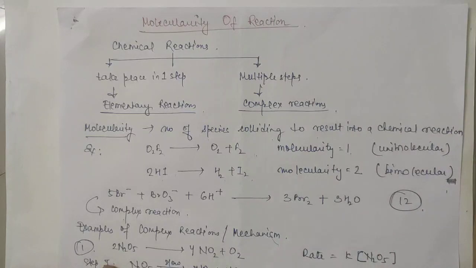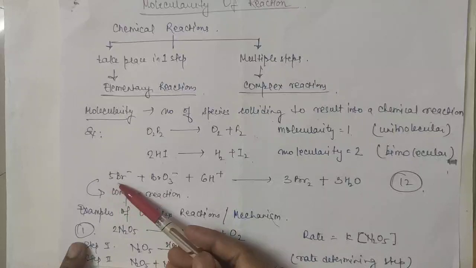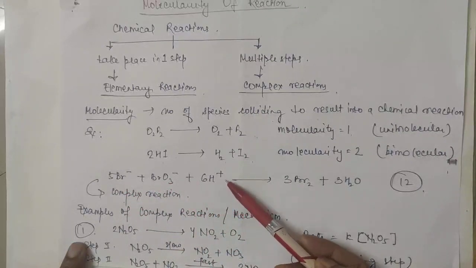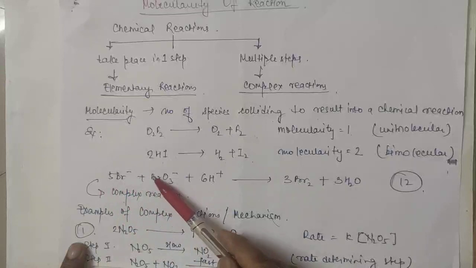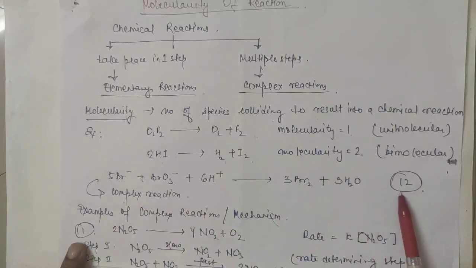Now consider this reaction. 5Br minus plus BrO3 minus plus 6H plus giving rise to 3Br2 plus 3H2O. Now if you count the number of molecules in this step, it comes out to be 12.